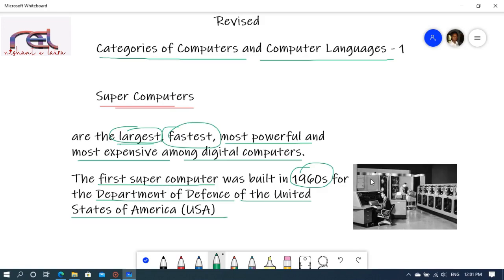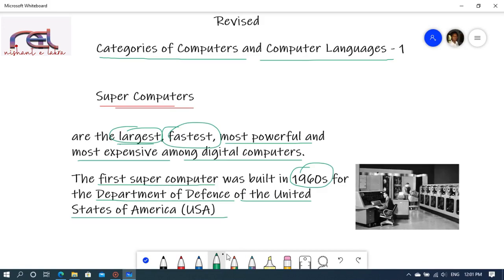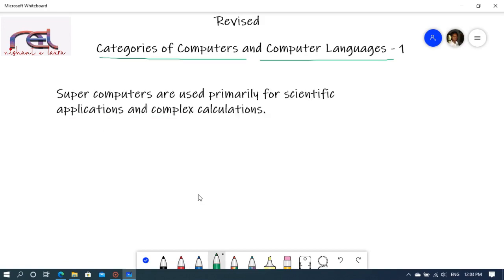You can see the picture of a supercomputer on the right hand side of your screen. You can see it takes the whole room, very large but very powerful. Supercomputers are used primarily for what? For scientific applications and complex calculations.